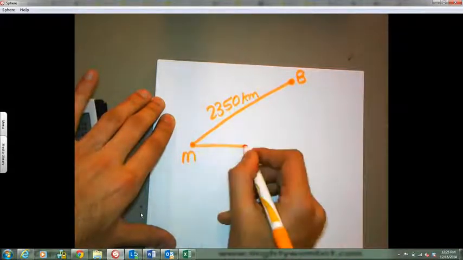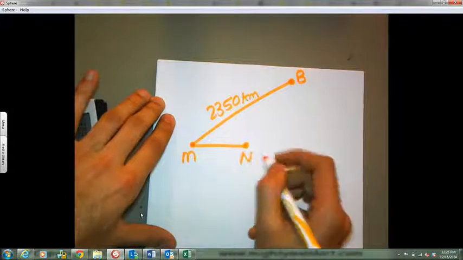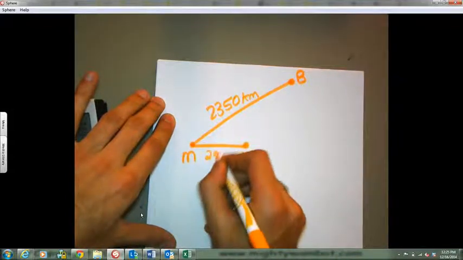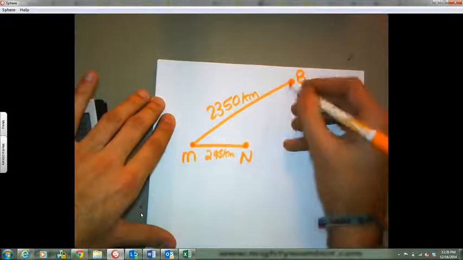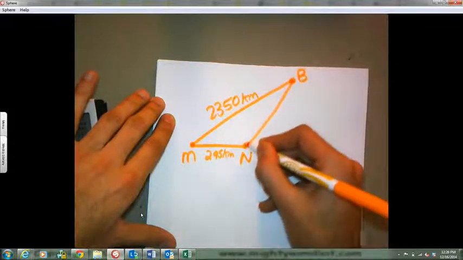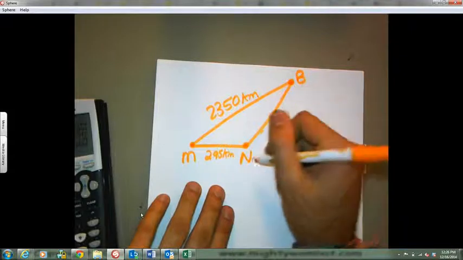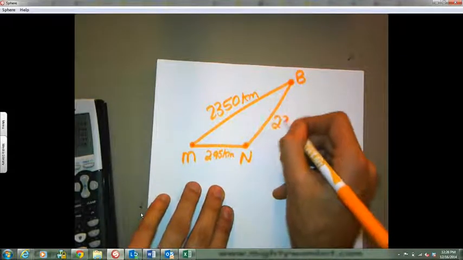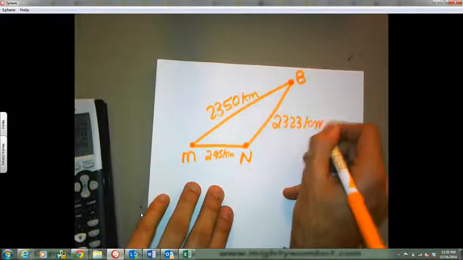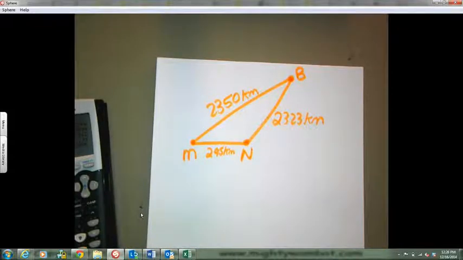Nassau is a place in the Bahamas. 295, and then Nassau to Bangor, 2323 kilometers. And their question is, what bearing should the flight go in if it's going from Nassau to Bangor?